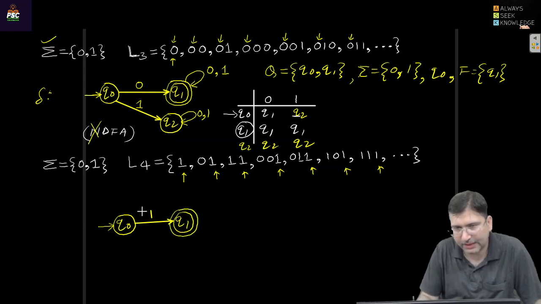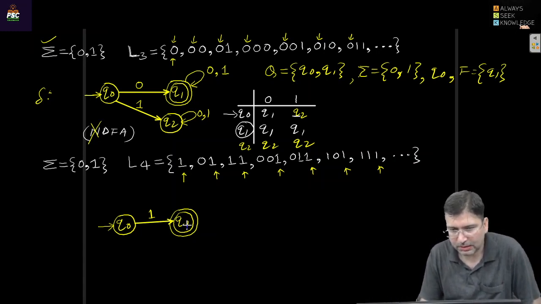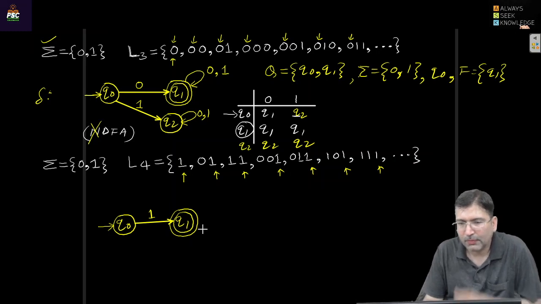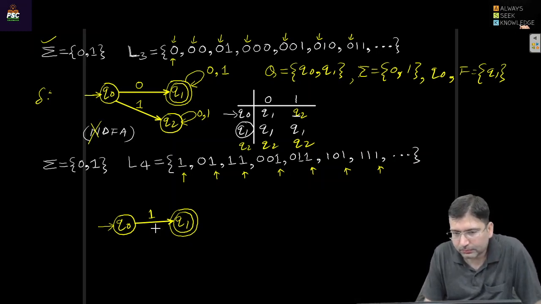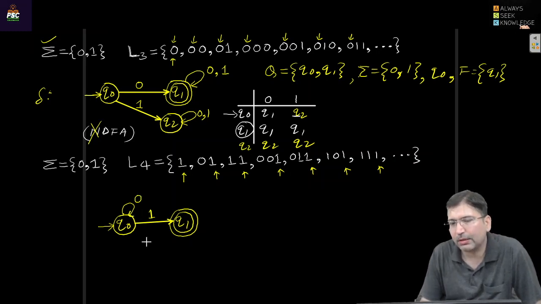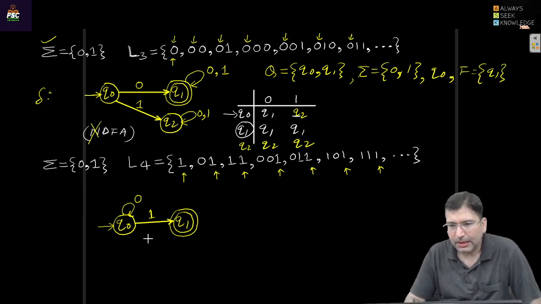So 1 can be a legal string which can be accepted by this automata. So this has to be a final state. Now apart from 1, if 0 comes, for 0 you can put a loop here. So before 1, n number of 0s can occur. There is not a problem, right?